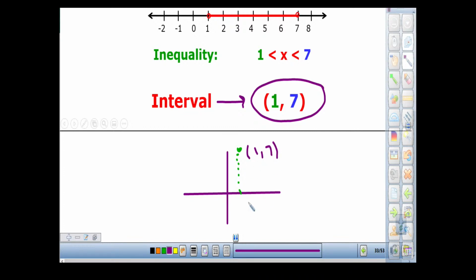right? But also remember that these are not the same. This is a different concept. This is the x and y plane, right? It's not the same as interval. Meaning, in the x and y plane, you're talking about two separate things, two variables, the x and the y. However, in the interval notation, you're only using one variable.